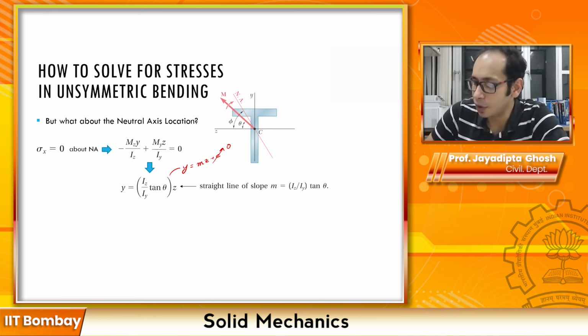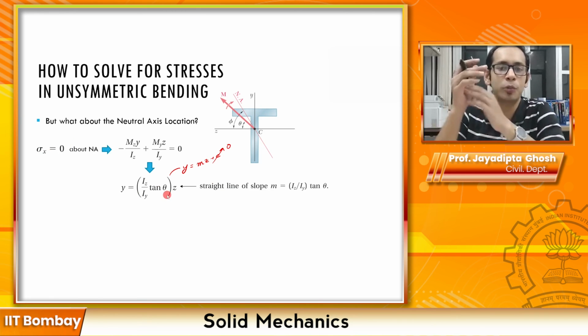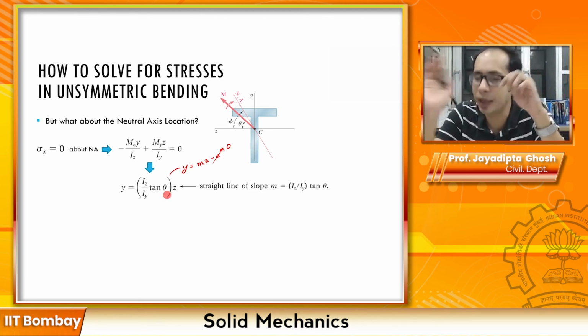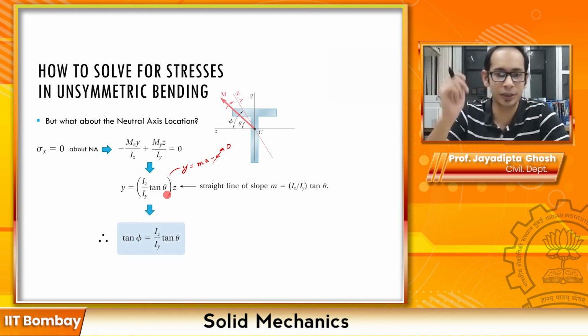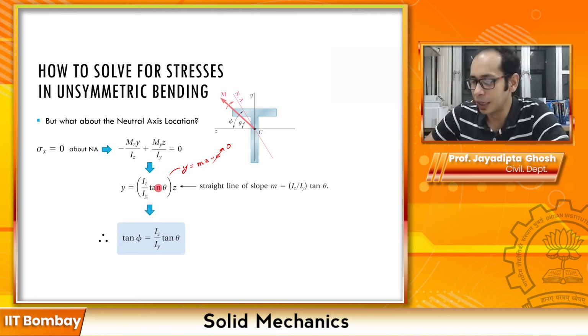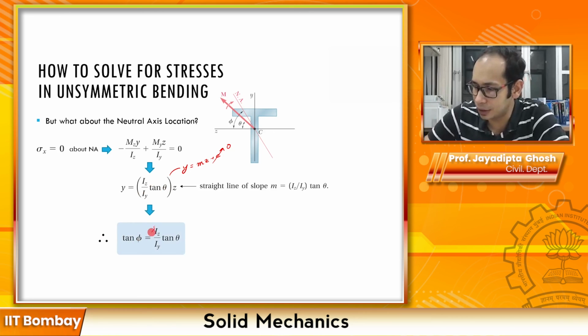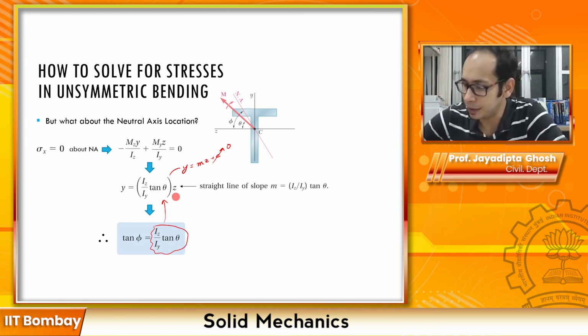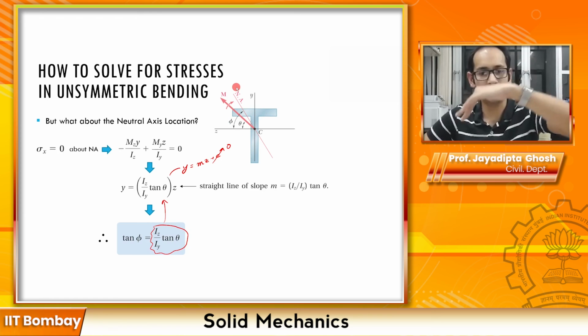So this essentially gives you the slope of the neutral axis for the case where we have unsymmetric bending. So this m that you see over here, tangent of phi, is essentially this particular quantity. So this is the phi, essentially the angle where the neutral axis passes through.